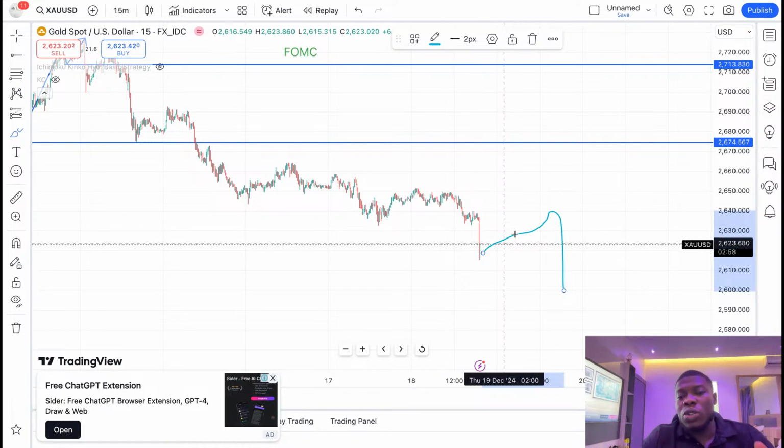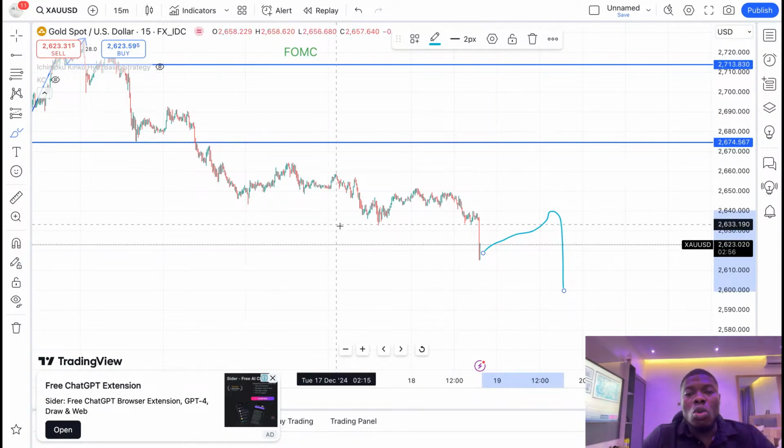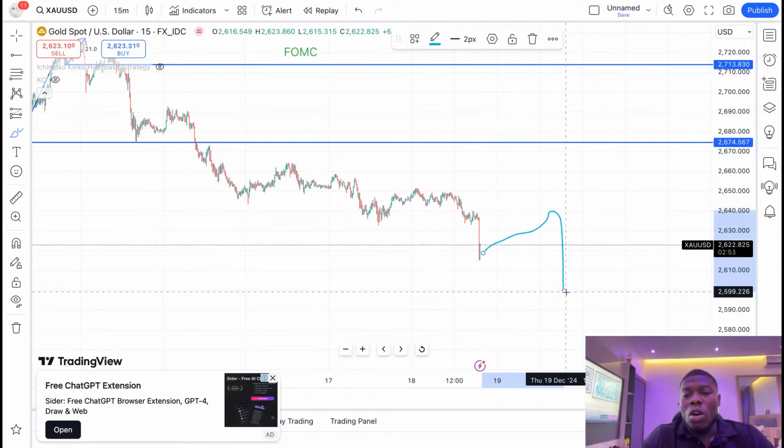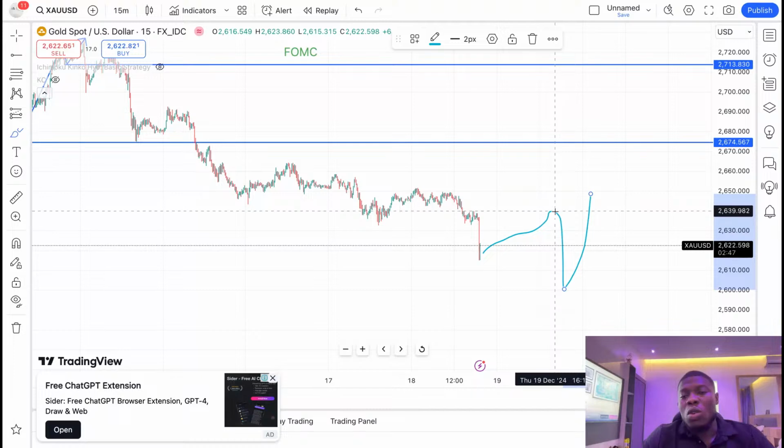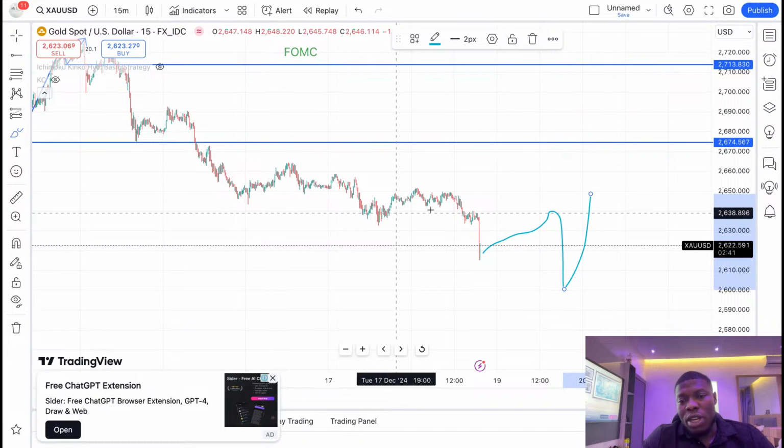A downtrend is supposed to always go lower low until it makes a higher low than the previous low. So if this low is higher than the previous low, that means this downtrend is about to change.